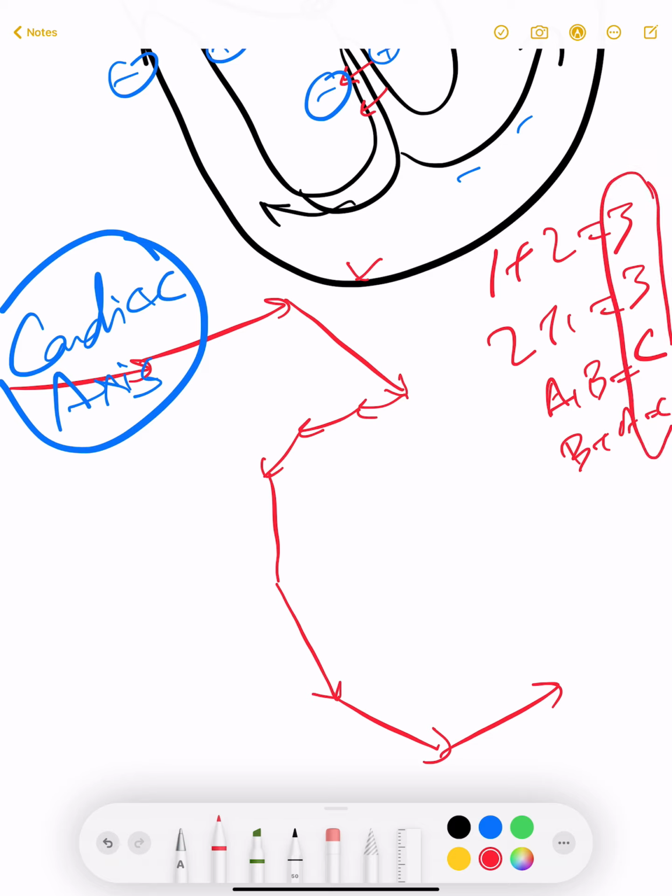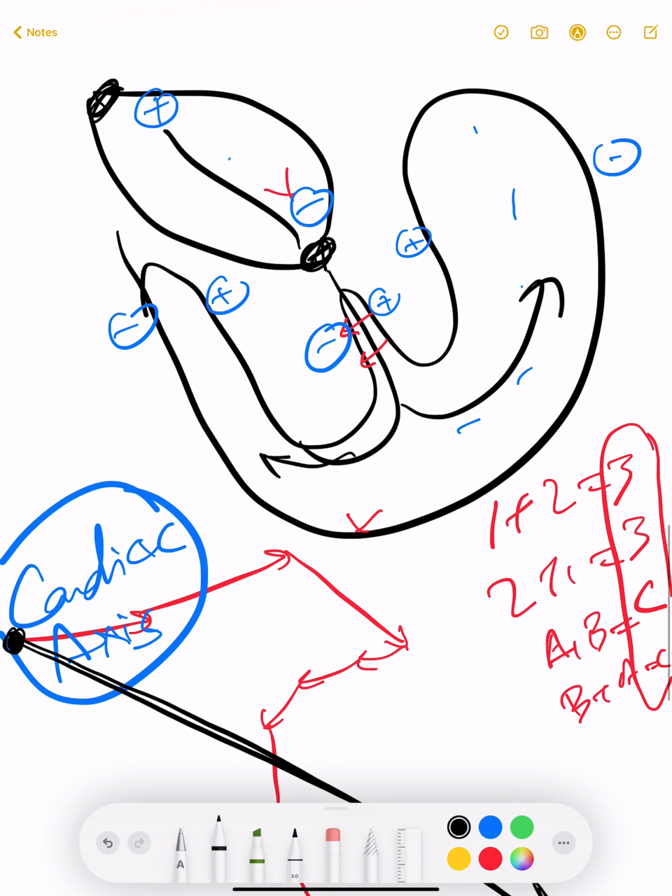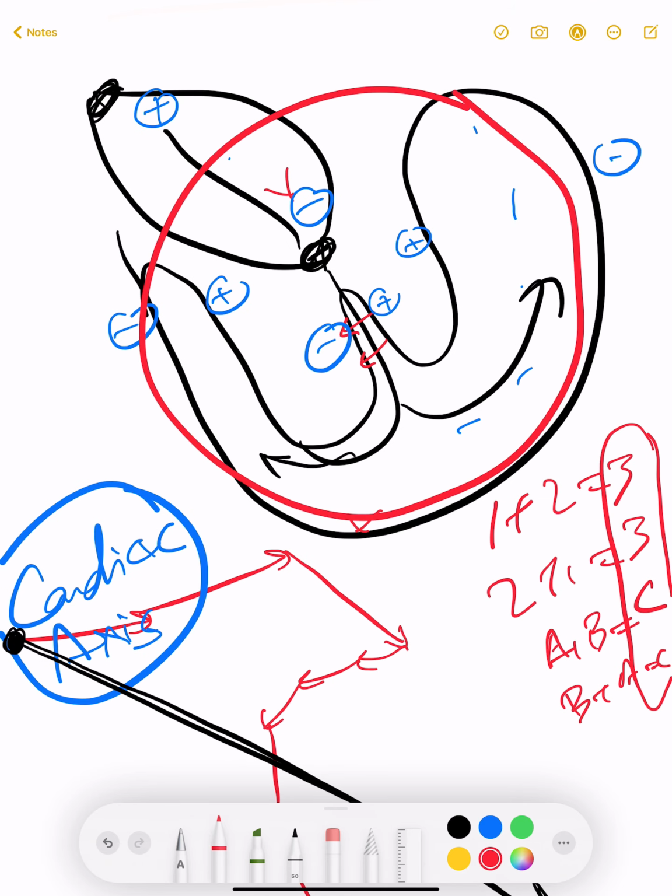Our answer will be a vector starting from the tail of the first vector to the head of the last one. So let's make a final vector, which we got after adding all the vectors in our heart.